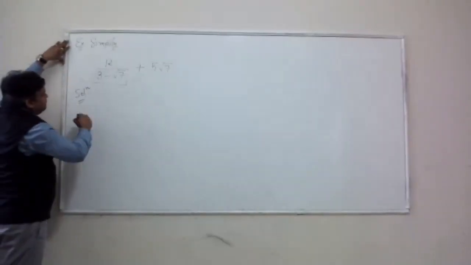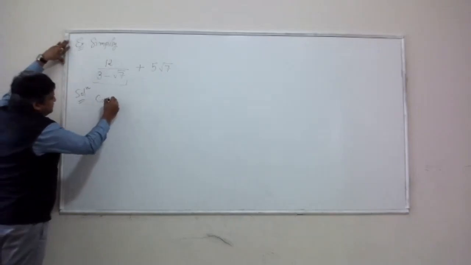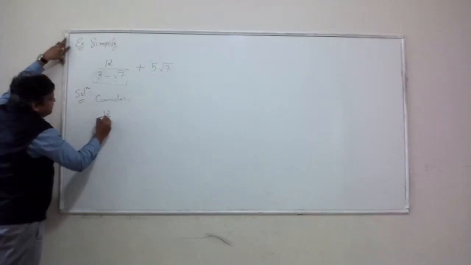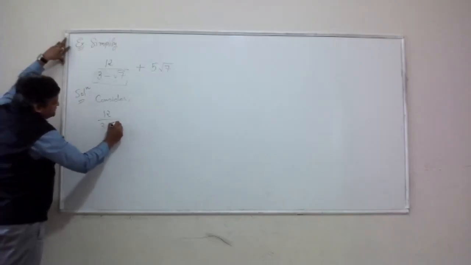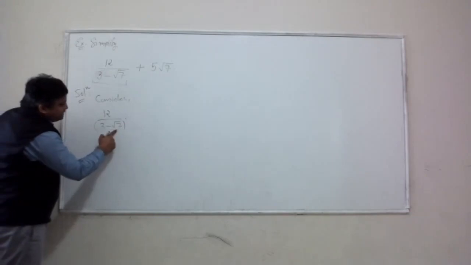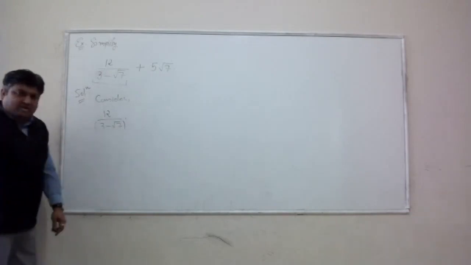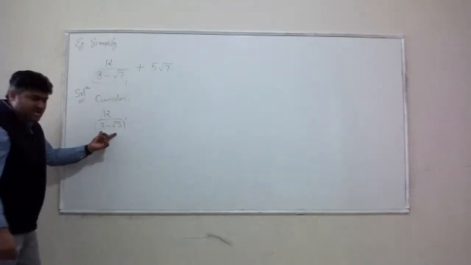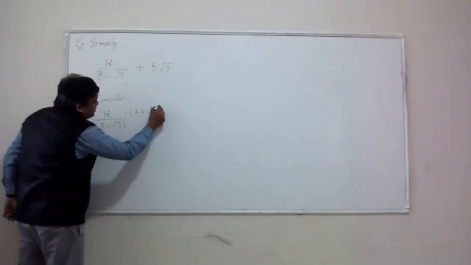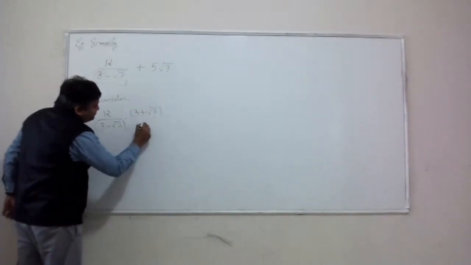As I said, I would consider the first term only, 12 over 3 minus square root 7. My goal is to get rid of the radical sign from the denominator. To do that, I'm going to multiply and divide this by the conjugate of the denominator.